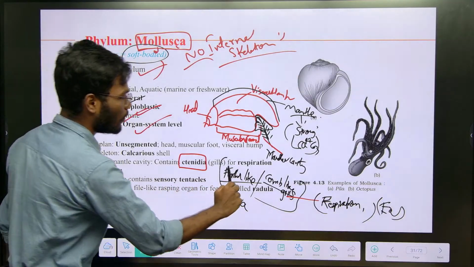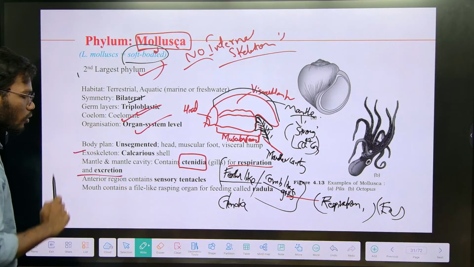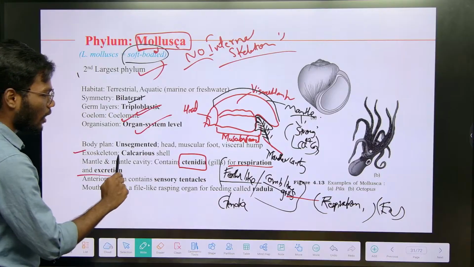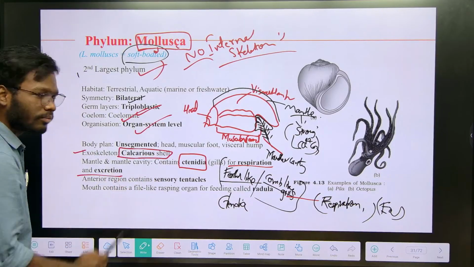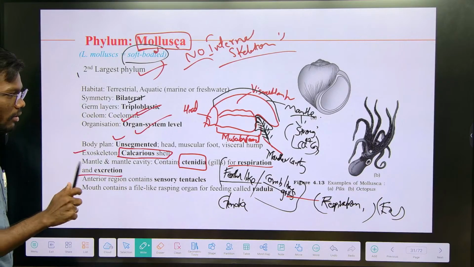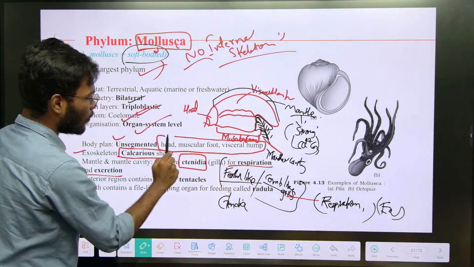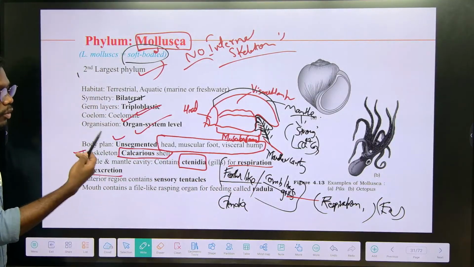These are responsible for respiration and excretion also. As I mentioned, this exoskeleton which is called the mantle is made up of calcareous shell. This is unsegmented. There are no segments in these molluscan animals. Generally, the body is divided into head, muscular foot and visceral hump. So that's why it is very soft.